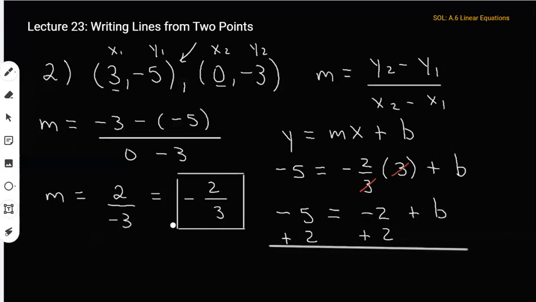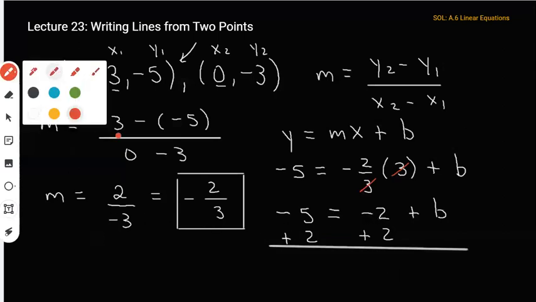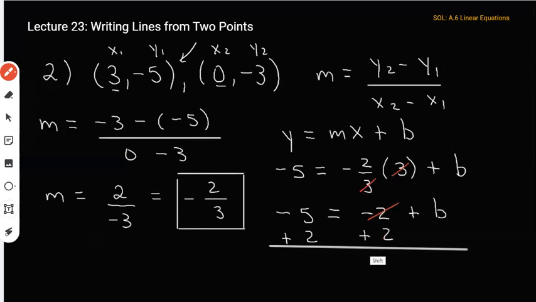When that happens, the -2 and the +2 are going to cancel out, leaving me with just a b, my y-intercept, right? On the other side of the equal sign, I'm going to have -5 plus 2. That's -3. That's going to be my y-intercept.